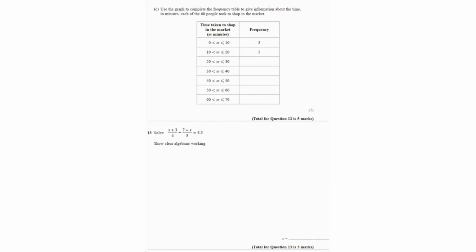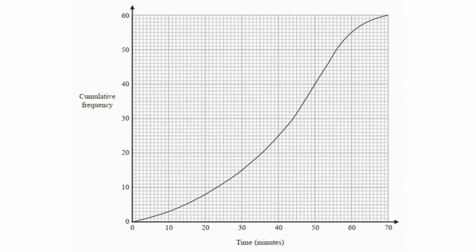So what we'll do is we'll first figure out the cumulative frequency values from the graph. So our endpoints are 10, 20, 30, 40, 50, 60, 70. So at 10, let's draw a line. We have 3. So first value is 3.